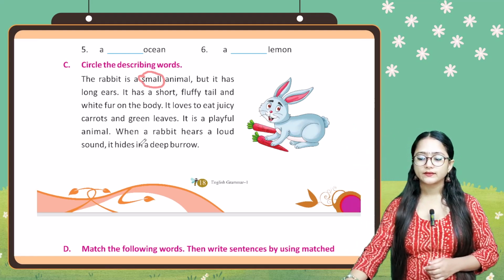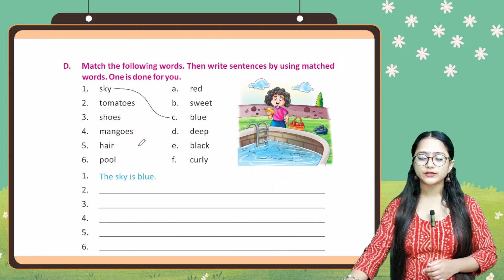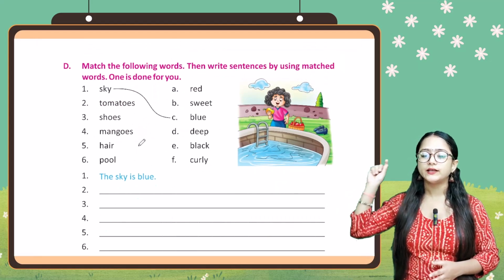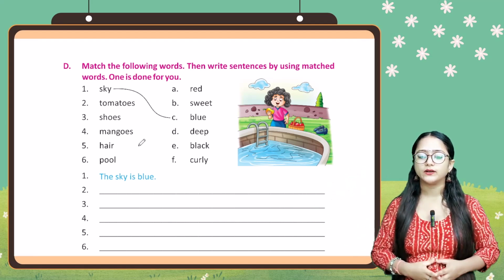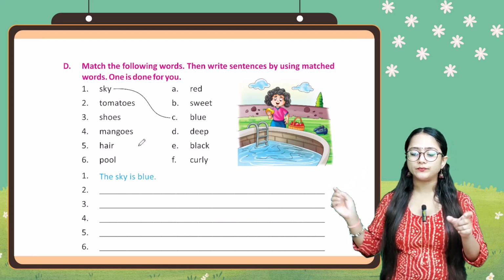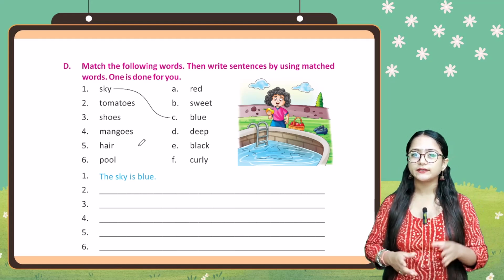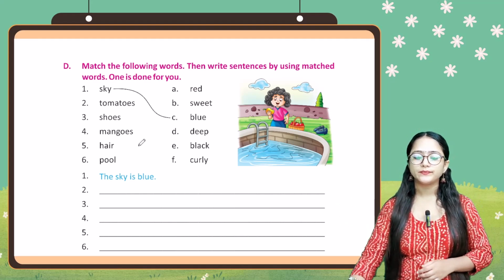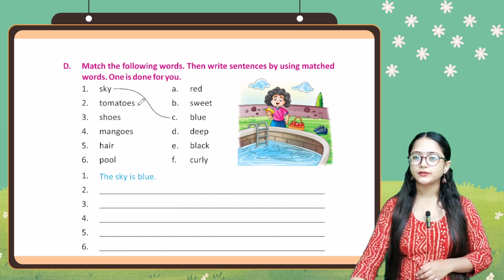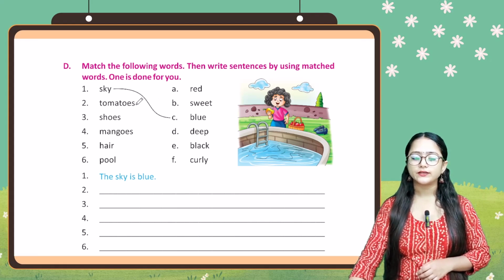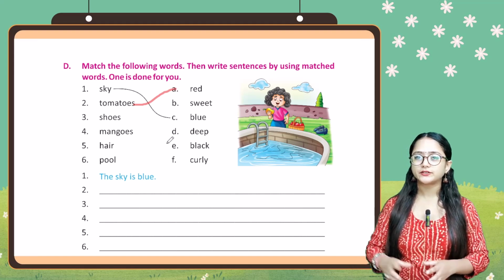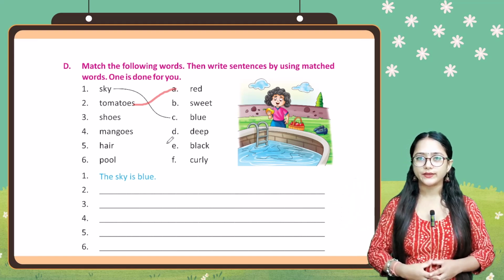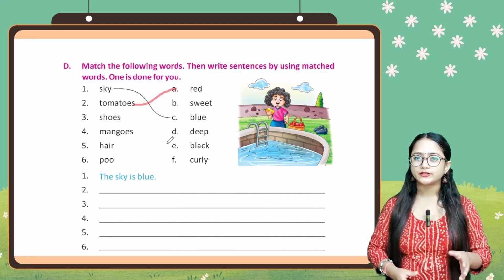Now the next question is, match the following words, then write sentences by using the matched words. One is done for you. For example, sky blue. So you have to write a sentence like, the sky is blue. Next, I'm going to match tomatoes. Tomatoes are red in color. So match tomatoes with red, and you're going to write the tomatoes are red, or you can also write the tomato is red.